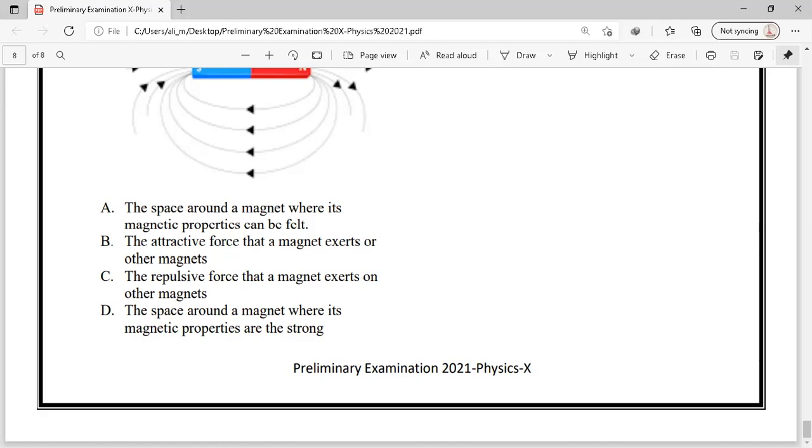It is the space around a magnet where its magnetic properties can be felt, the attractive and repulsive force that a magnet exerts on another magnet, and where its magnetic properties are strong. So the correct one is option A, the region around a magnet where its magnetic force is felt.